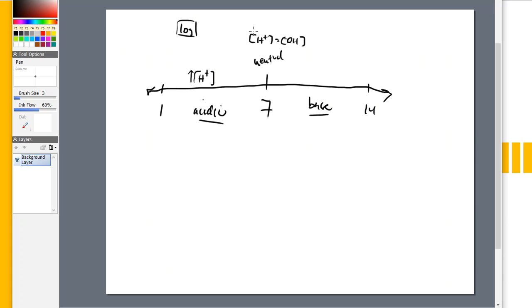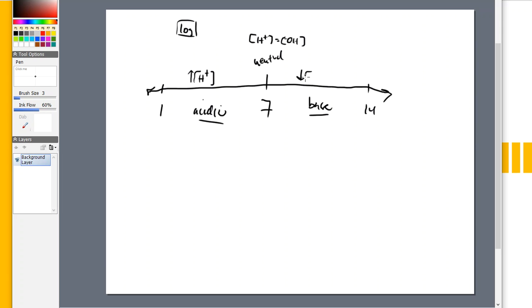So as your hydrogen concentration goes up, you have more and more protons. If you have more and more protons, you are more acidic. And the acid values go 1 to 7, the lower end of the scale, and that's due to the log function that's present in that equation.